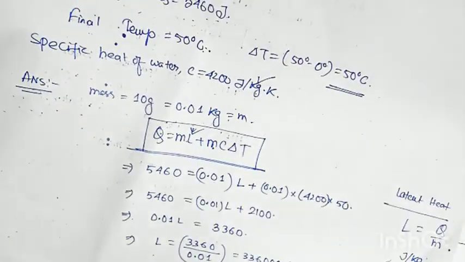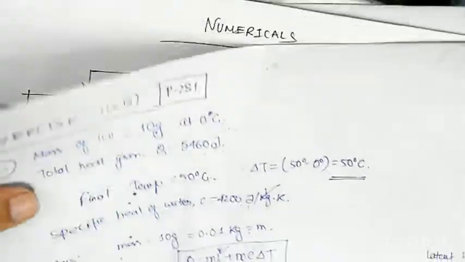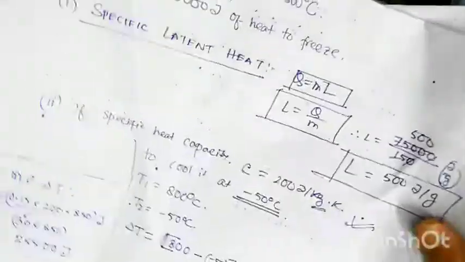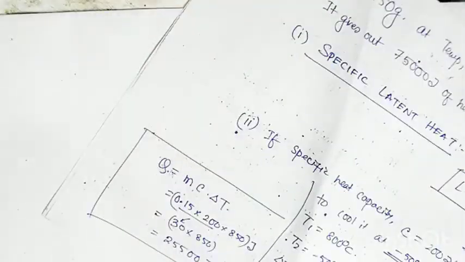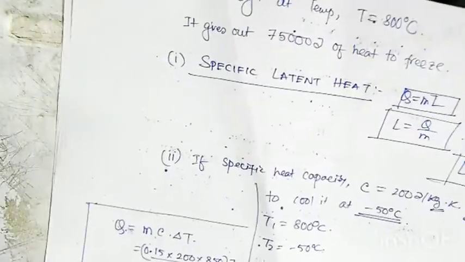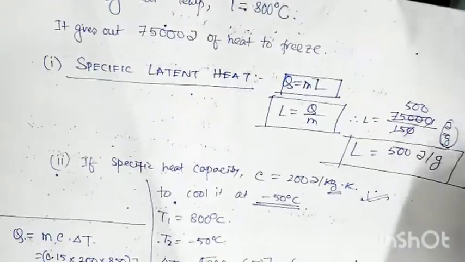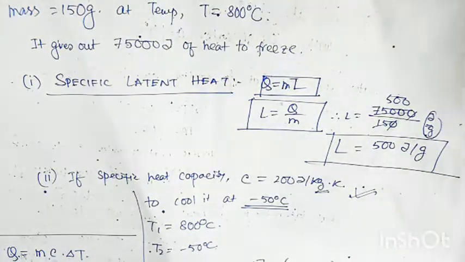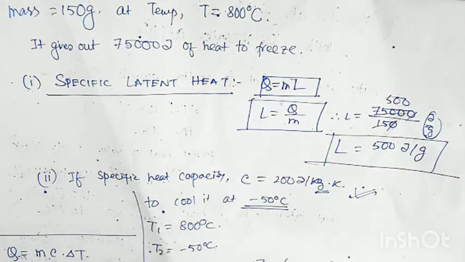Next numerical is question number 3, we will discuss now. The numerical 3 asks: a molten metal of mass 150 grams is kept at its melting point, 800 degrees centigrade.